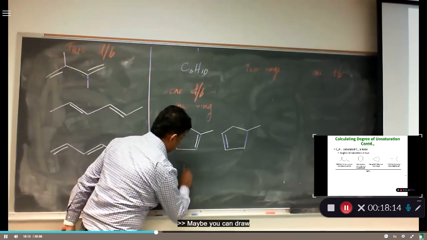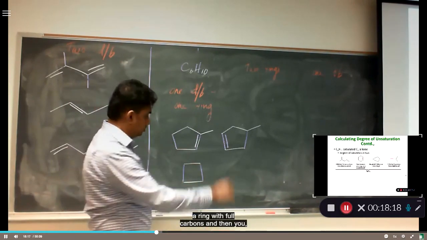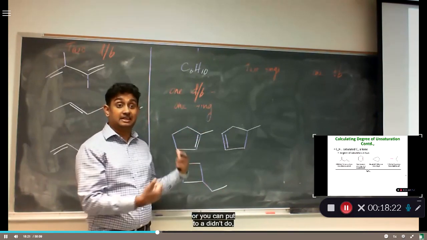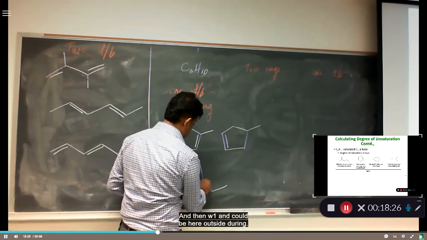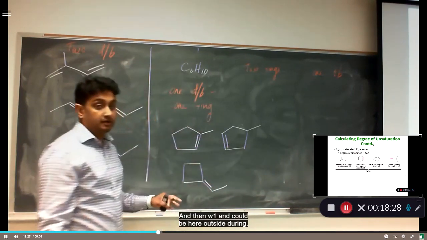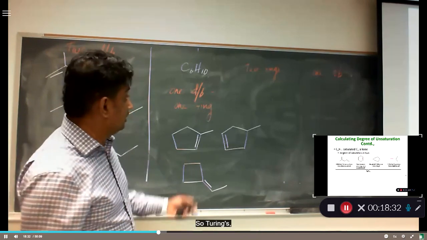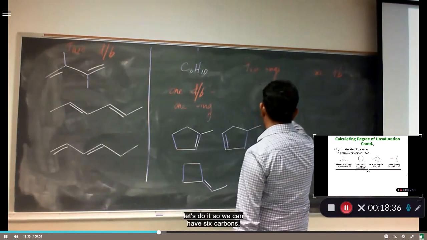Maybe you can draw a ring with 4 carbons, and then you need 2 more carbons. You can put them in here, or you can put two methyl groups, and the double bond could be outside the ring. There are so many possibilities. Two rings is kind of tricky, but let's do it.